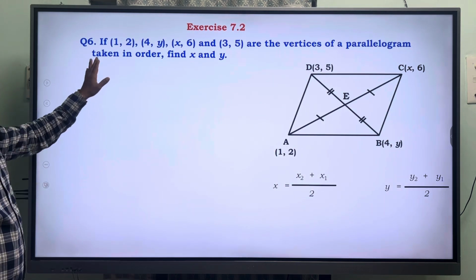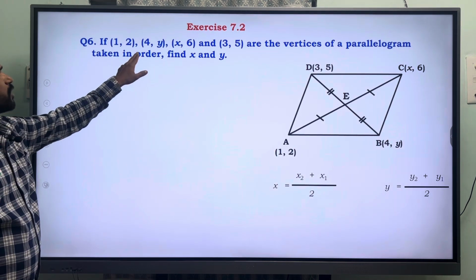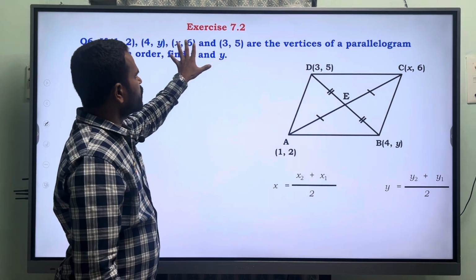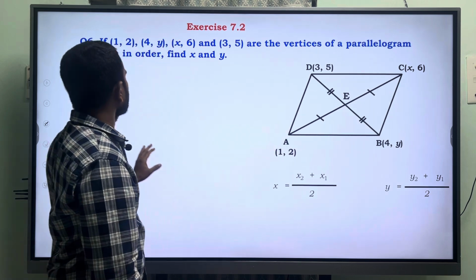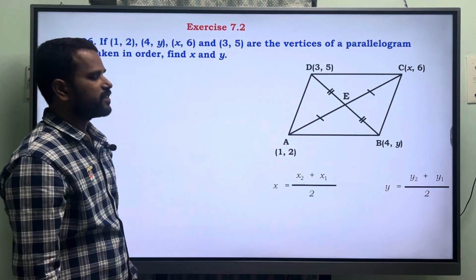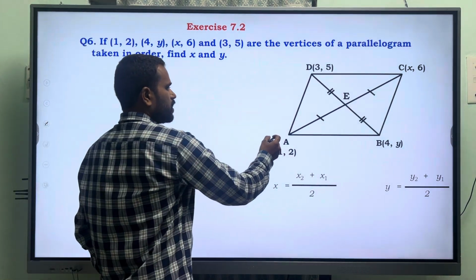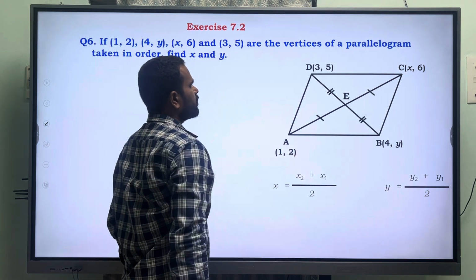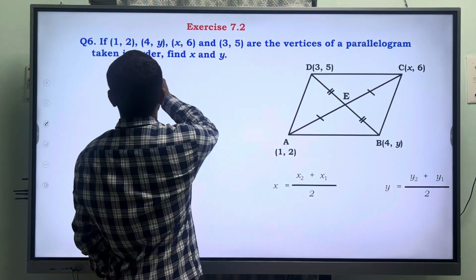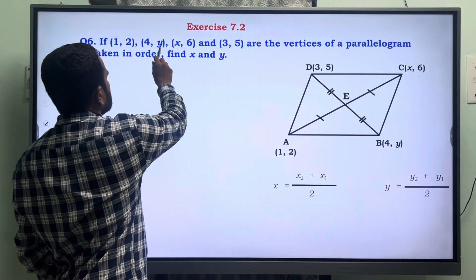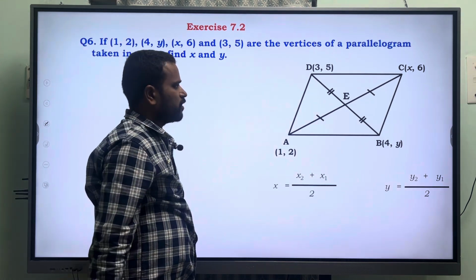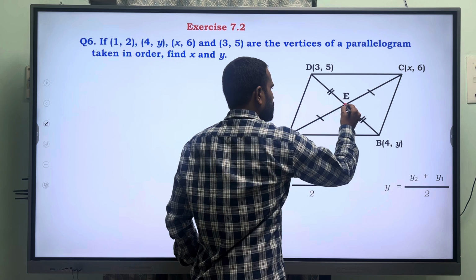Next, if 1 comma 2, 4 comma 5 and some values or coordinates are given, or the vertices of a parallelogram taken in order, find x and y. See, a, b, c, d vertices are given and we need to find x and y values. So what is the common thing here?